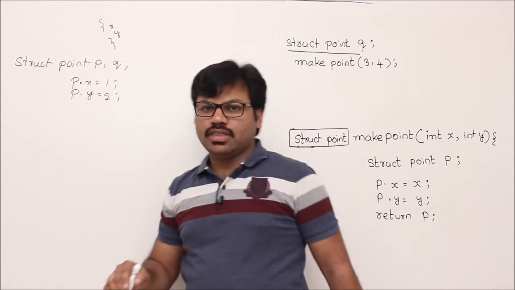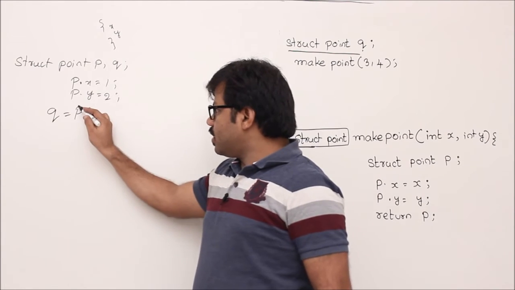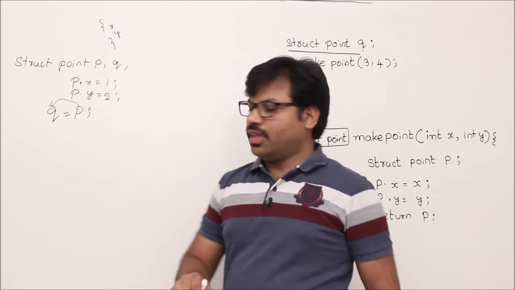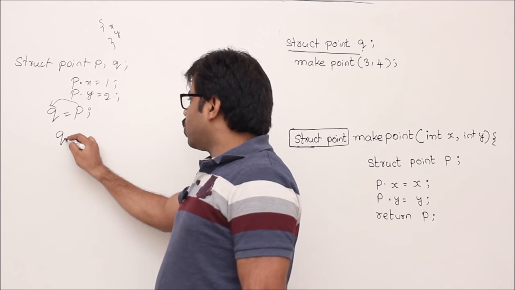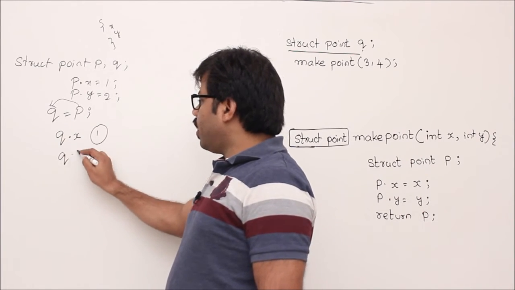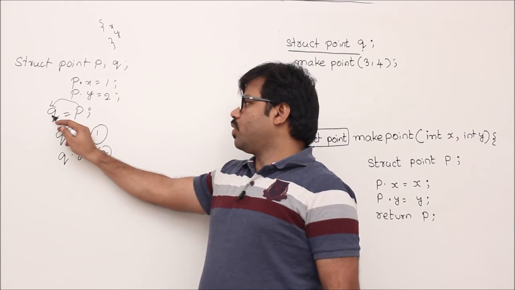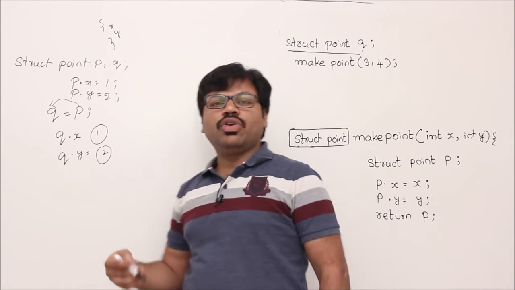Then if I write Q = P, this entire structure will be copied to Q. So Q.x automatically becomes 1 and Q.y becomes 2. The reason is that P.x is copied to Q.x and P.y is copied to Q.y.